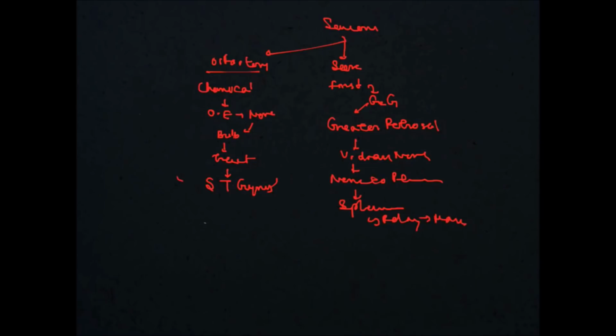Also it supplies the lacrimal gland. So nasal mucosa, lacrimal gland. Next, general sensation by the ophthalmic and maxillary nerve.